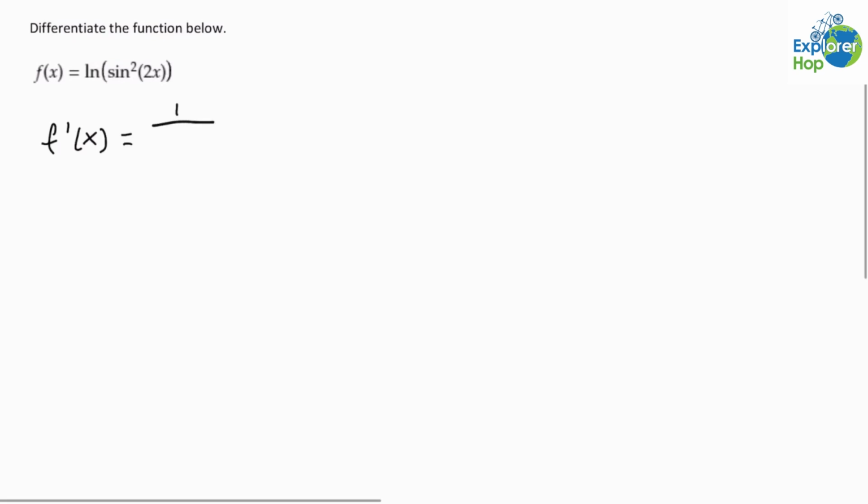So the derivative of f of x, f prime of x, is equal to the derivative of the outside function, which is ln, with respect to sine squared 2x, which is 1 over sine squared 2x, times the derivative of sine squared 2x with respect to x.